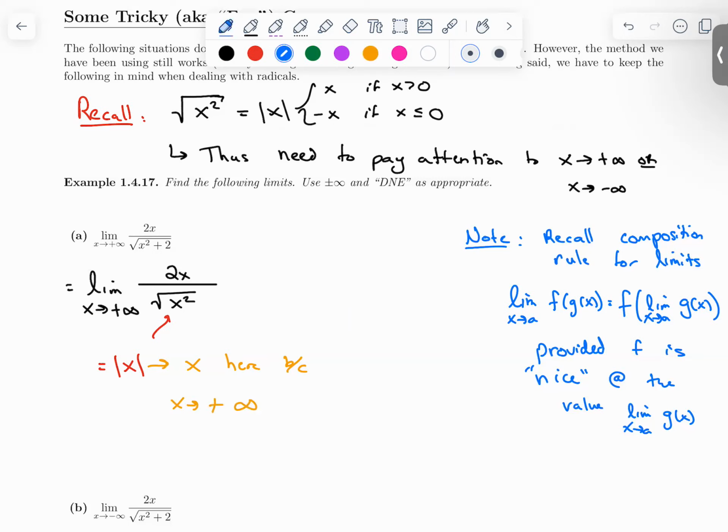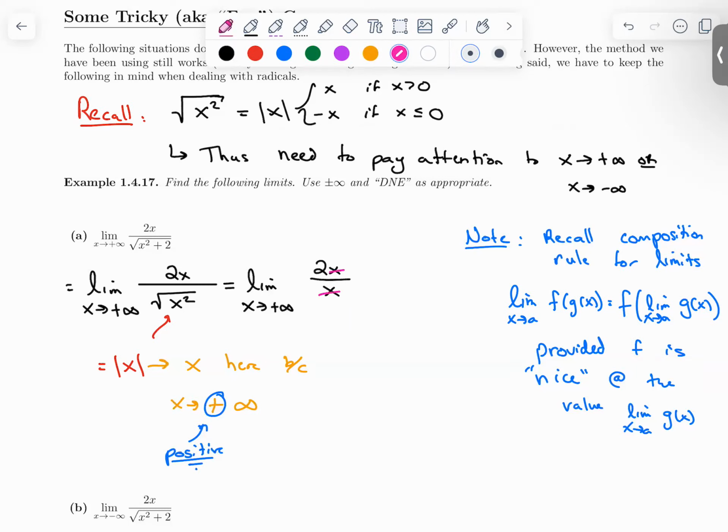I'm going to circle this. Positive. So because we're approaching positive infinity, that absolute value sign is unnecessary and we just drop it. So this is equal to the limit as x approaches positive infinity of 2x over x.